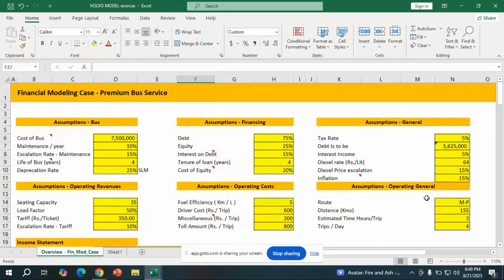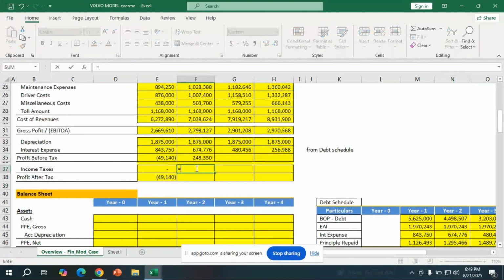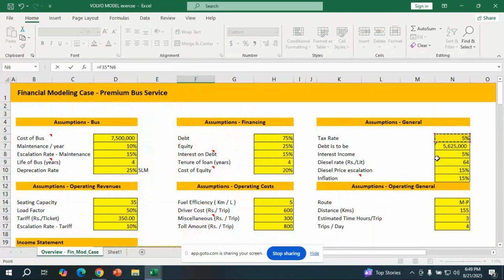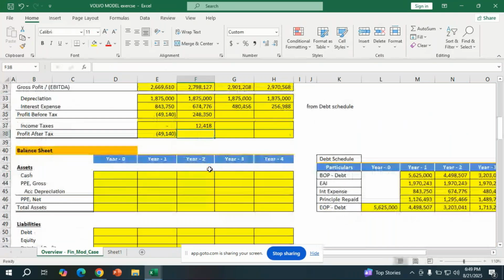The tax rate has been given as 5%. So income tax equals to your PBT into 5%. So to get an amount as such, and then arrive at the PAT equals to PBT minus income tax.